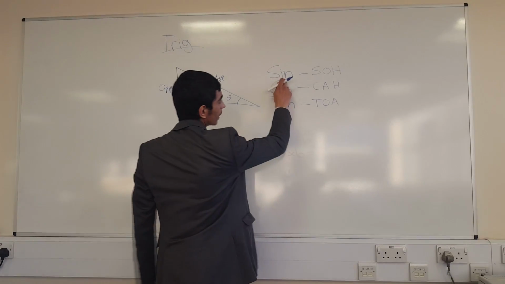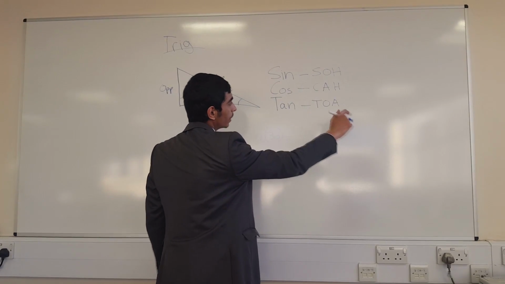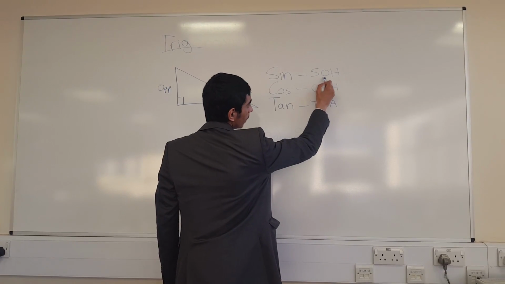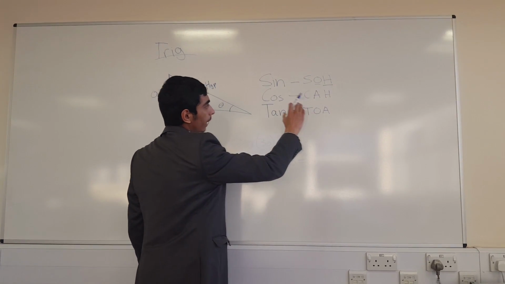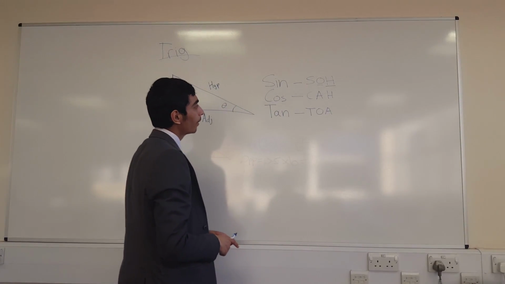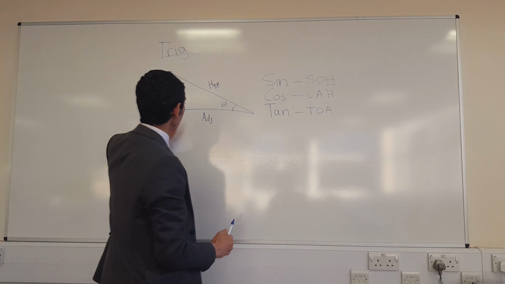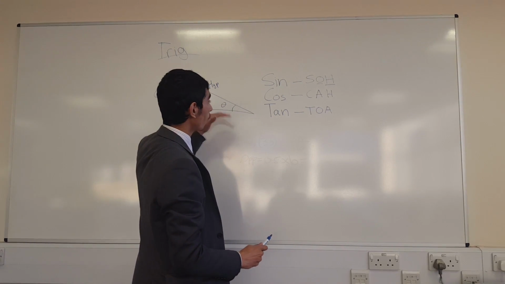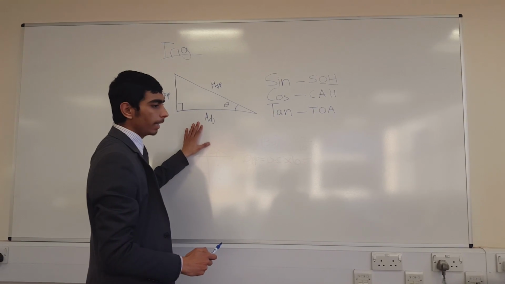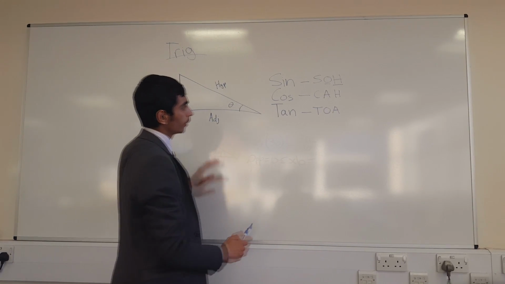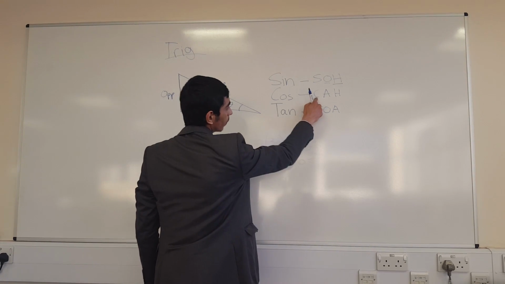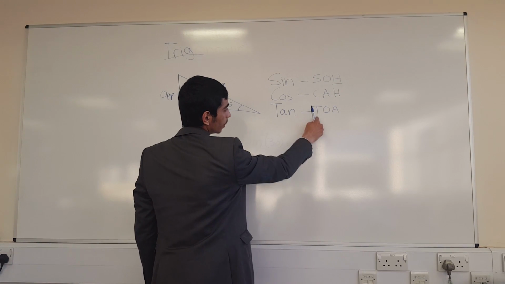So we've got sine, which represents SOH. These letters represent initials, the initials of the sides of your right angle triangle. S means sine, C is for cos, T is for tan.